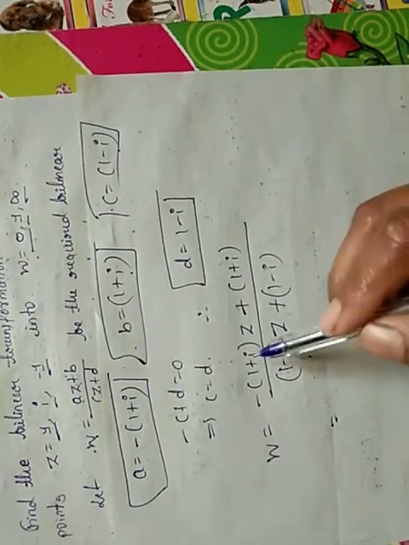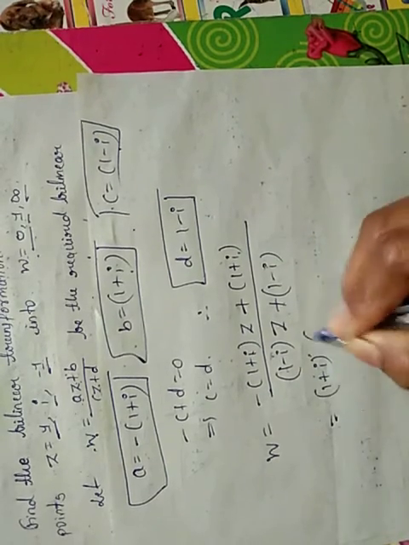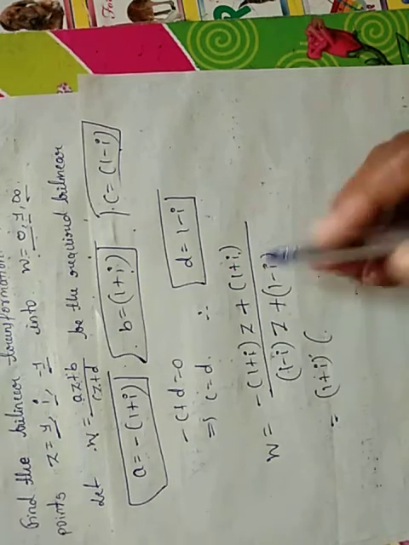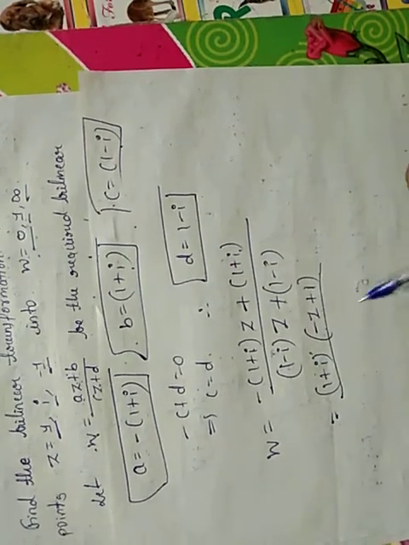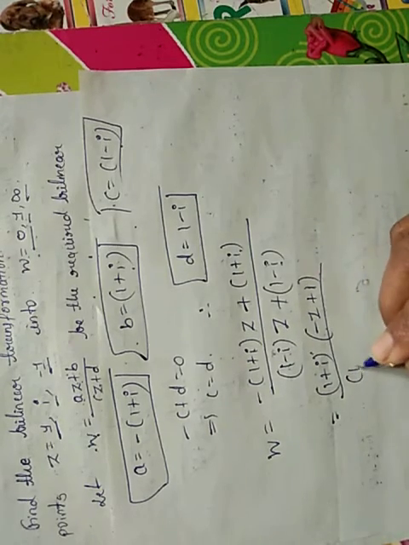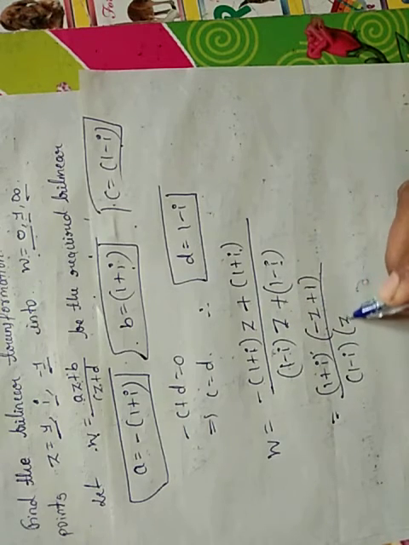See here, in the numerator 1 plus i is common. Take out the 1 plus i common, so remaining is minus z plus 1. Come to the denominator, 1 minus i, 1 minus i. Take out the 1 minus i common outside. Remaining is z plus 1.